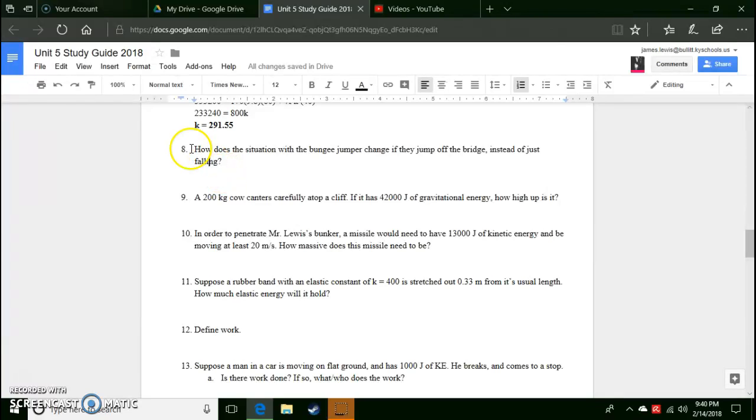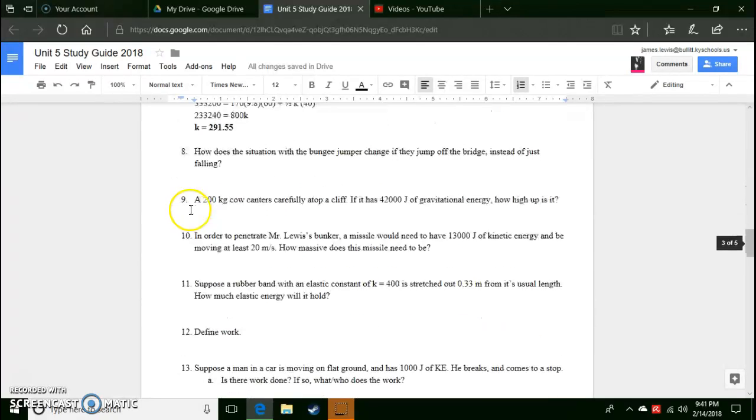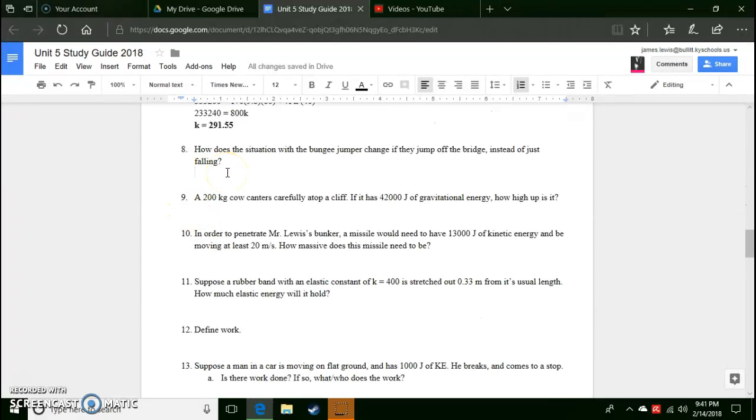All right. Now, number 8. This is kind of an extension of number 4. How does the situation change if they jump off the bridge instead of just falling down? So basically, all that's going to do is add something to the beginning. So at 200 meters, in this case, let's just consider this. At that 200 meter mark, you're going to be jumping.